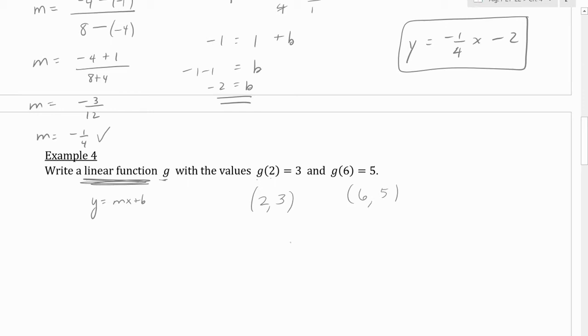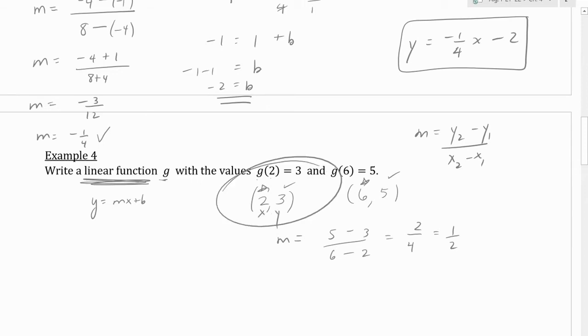So if I want the slope, remember slope formula so you can see it. Second y minus the first y, over second x minus the first x. Slope's a half. Pick one of the 2 points. These numbers are slightly smaller. Let's pick those. y equals mx plus b.